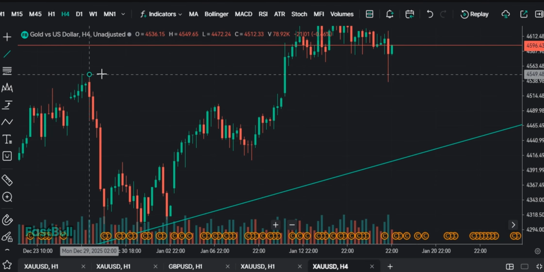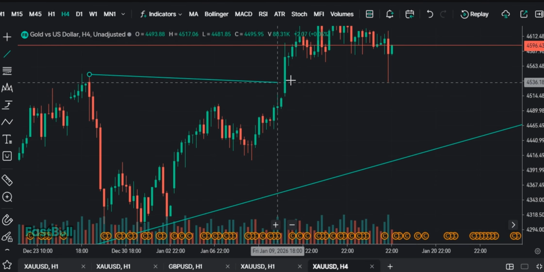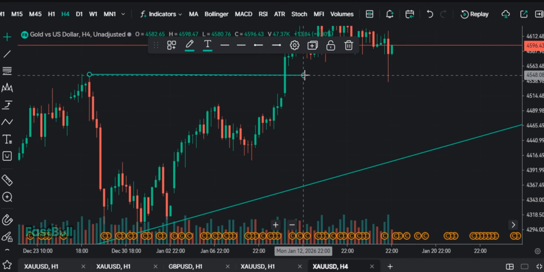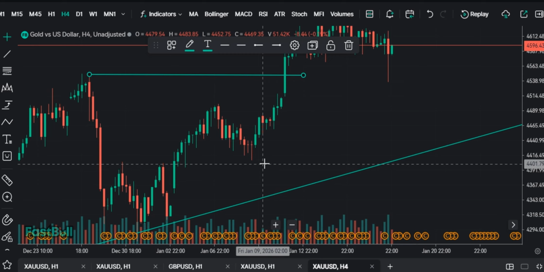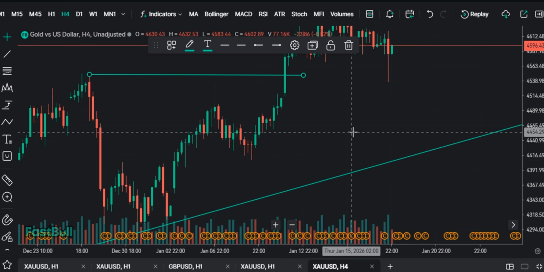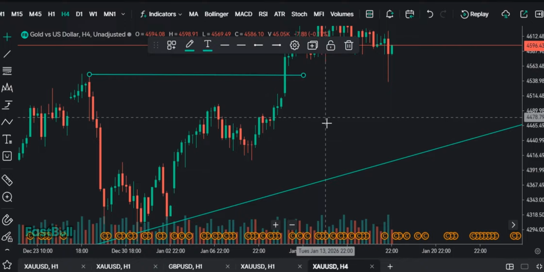Let me show you. And it breaks that zone, which means it is a break of structure.